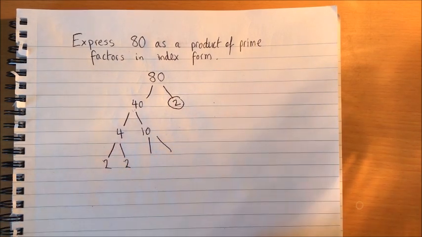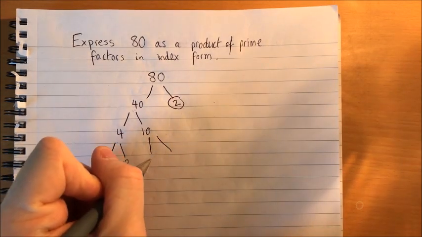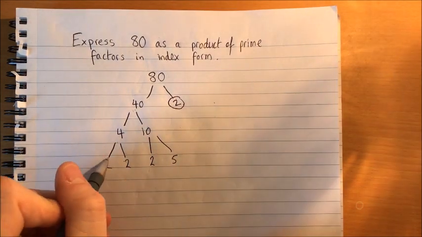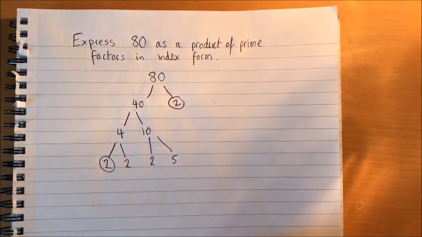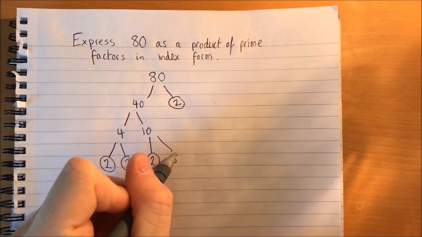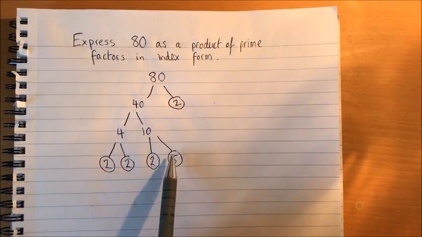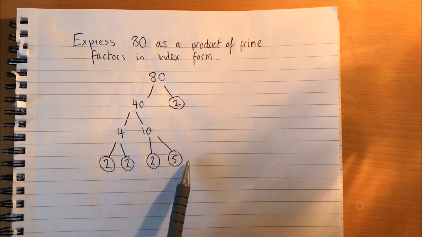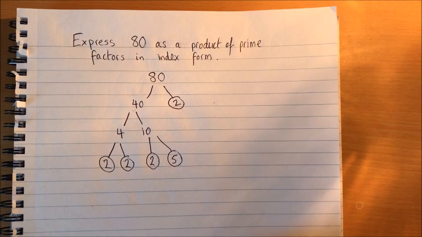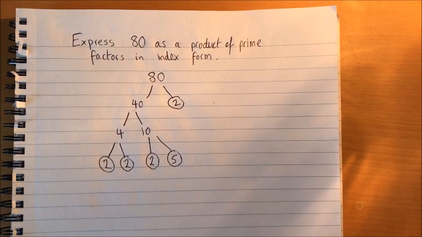And something times something gives me 10. I know that 2 times 5 gives me 10. 2 is a prime number, so I stop there. 2 is prime, 2 is prime, and 5 is prime. Now that these base numbers are all circled, I have my prime factors, and I can stop my factor tree there and begin to answer the question.